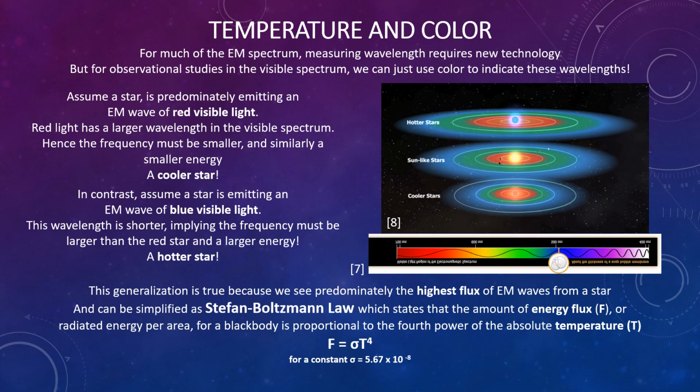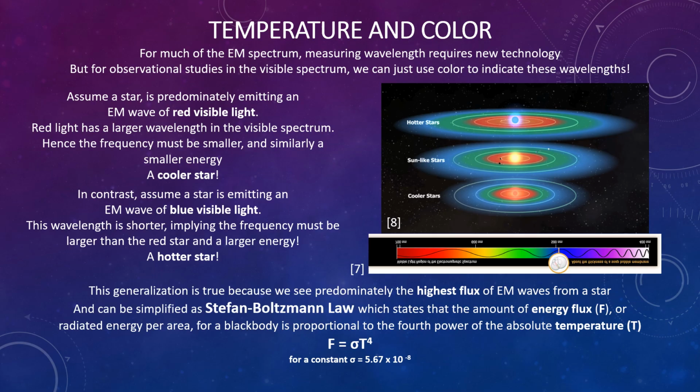So if we have a red star, that means that its peak wavelength is in the red of the visible light. And red has a larger wavelength in the visible spectrum. Therefore, the frequency of that light is smaller, it's less frequent, and it has a smaller amount of energy.